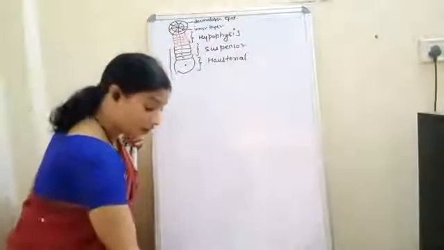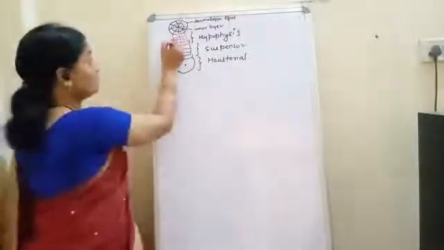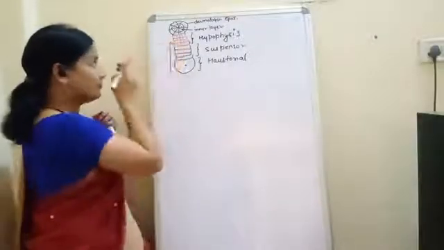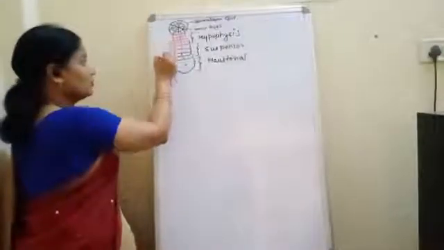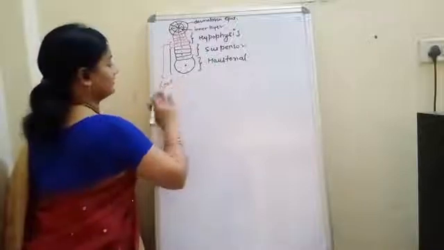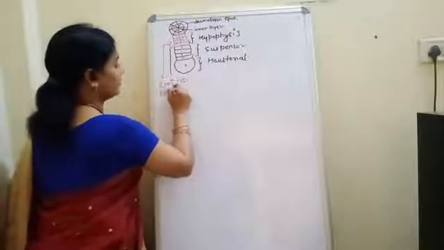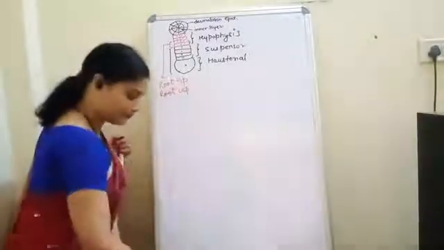Now, the lower two of the hypophysis, these two, will give rise to the root tip and root cap.